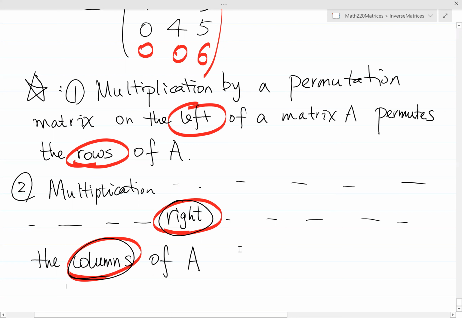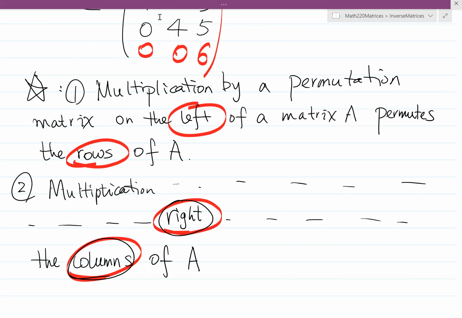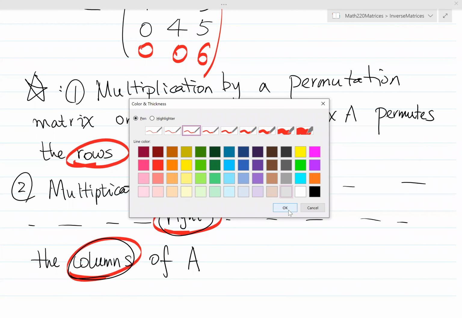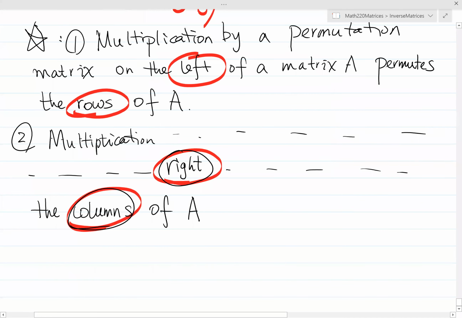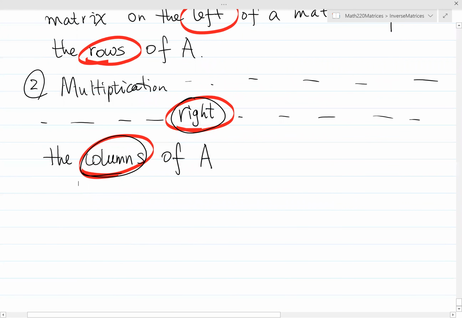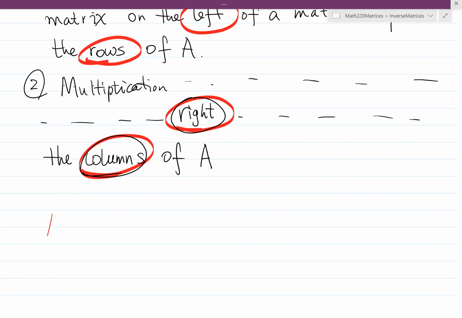Okay, let's see some example. How do we use a permutation matrix to get upper triangular form? Let's see lower triangular. Suppose A is again this matrix as what we did in the last example.